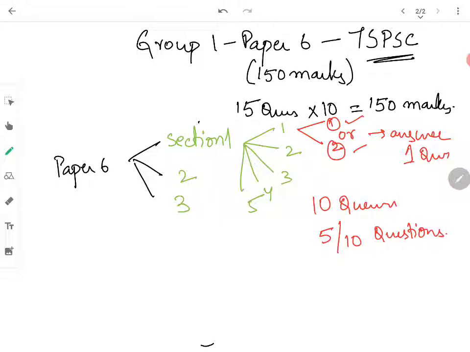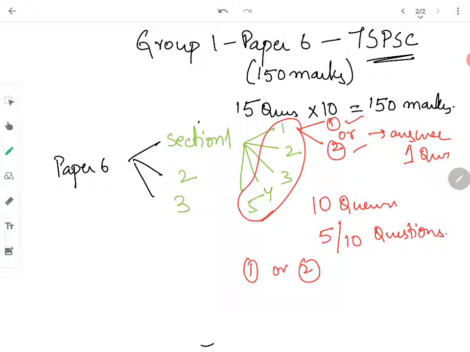So we need to read all the chapters and be thorough with all of them, and we can select any question which we are comfortable with. The more we know about the topic, the better we can write it.